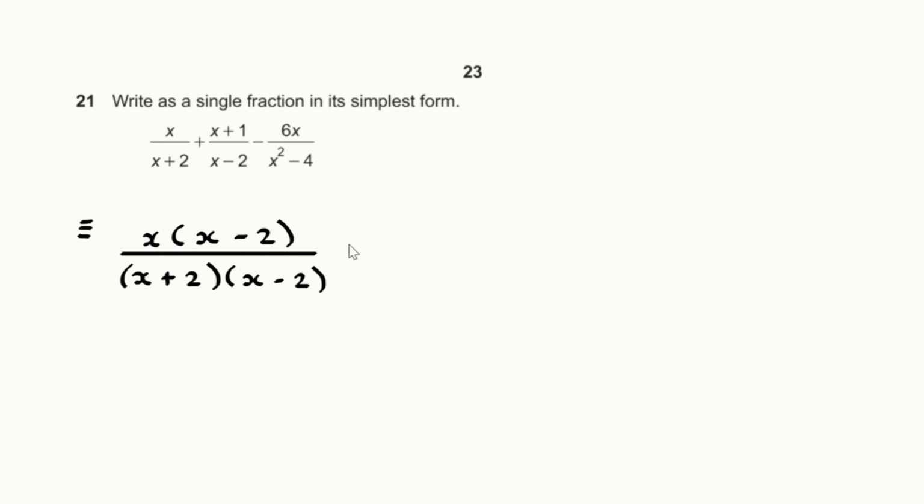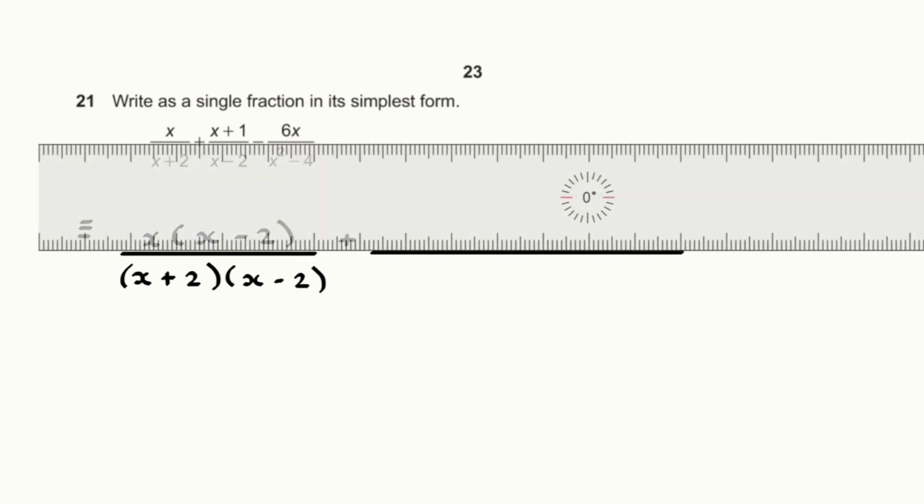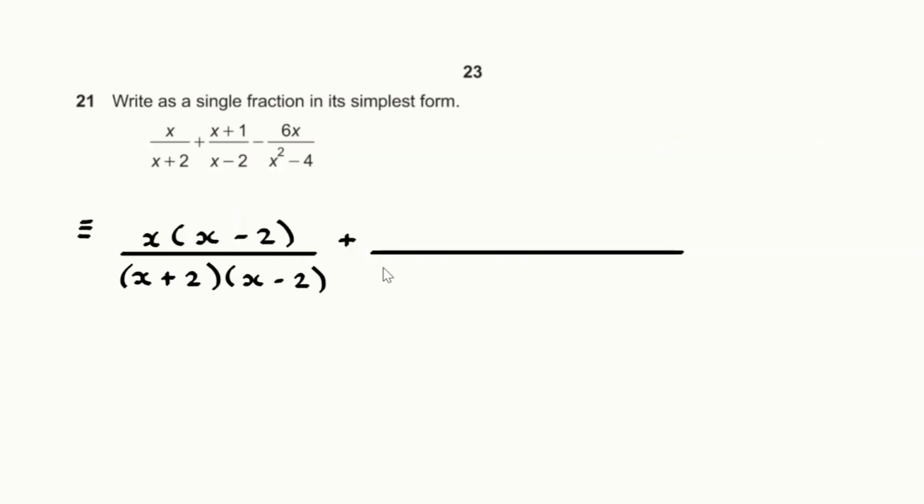Those cancel out. And then I've also got, if I have an x plus 2, x minus 2, then on the top I need, well, the x plus 1 isn't going anywhere, and here I need an x plus 2. It's as though these cancel out, leaving us with x plus 1 over x minus 2.